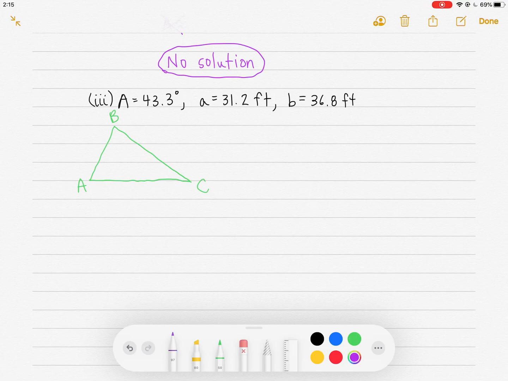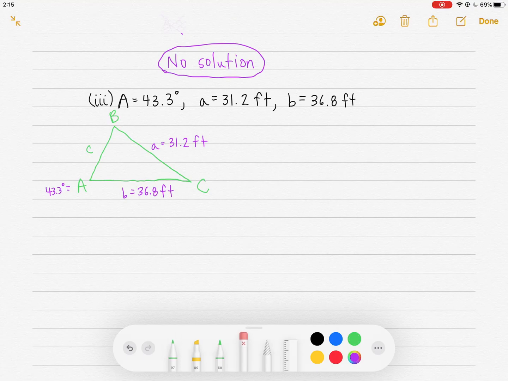We know big A to be 43.3 degrees. We know little a to be 31.2 feet and little b to be 36.8 feet. We are looking for big B, big C, and little c.